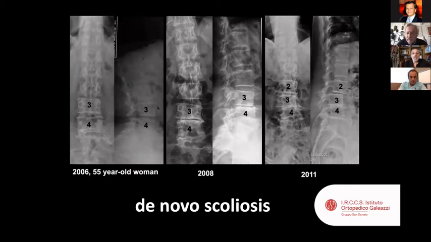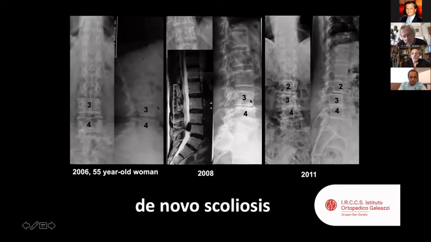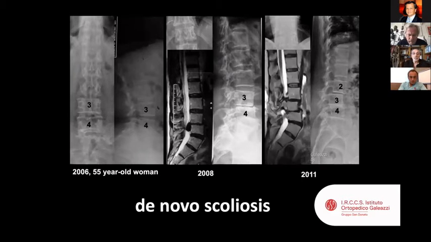Obviously, in this case, you have to evaluate also the MRI and the symptoms of the patient. At that stage, the symptom was a radicular pain and deficit. She was operated for this, but there was no chance to interrupt the degenerative changes without a surgery in L3, L4.